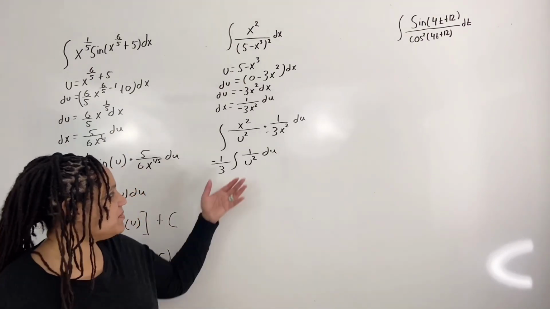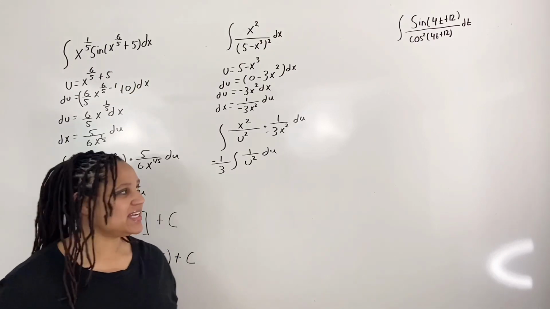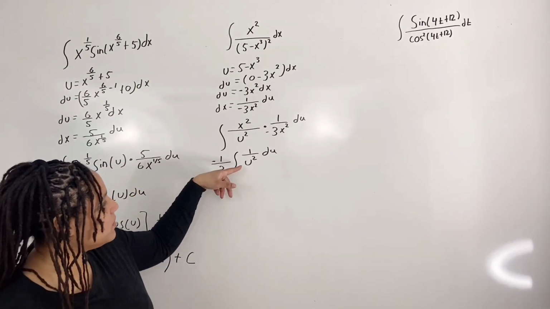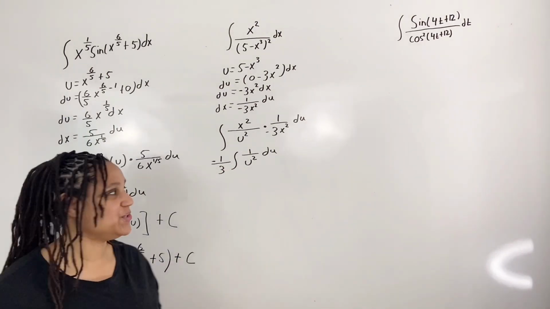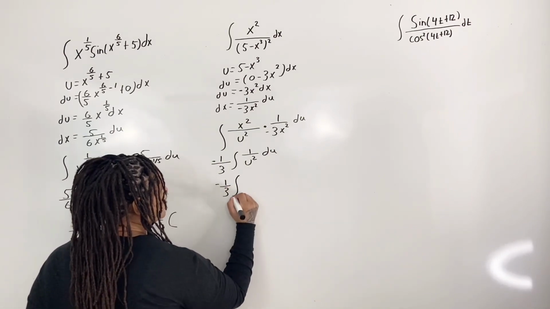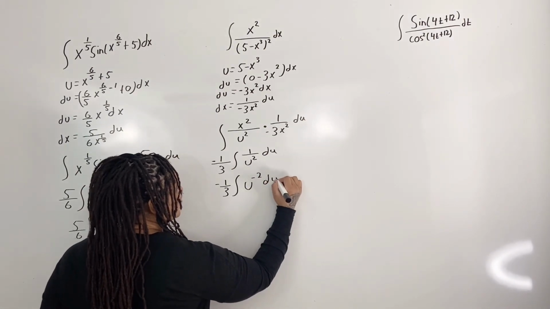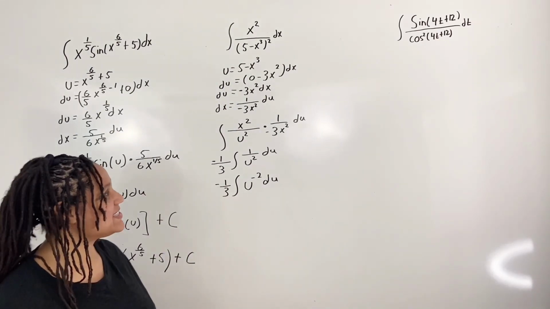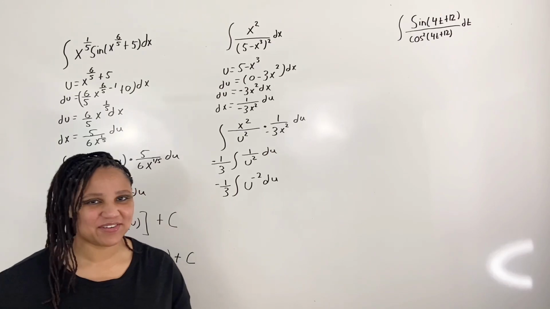And now, just to make evaluating the integral a little easier, I'm going to rewrite 1 over u squared as u to the negative 2. So we have negative 1/3 integral of u to the negative 2 du. Now we have eliminated all x variables, and we have obtained a function of u.